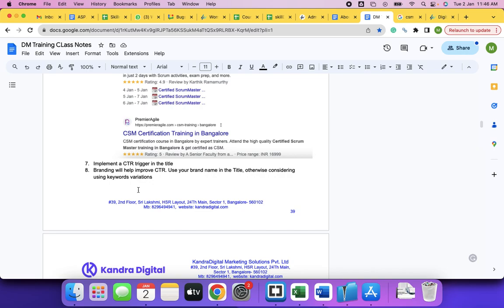If you are seeing any new website on Google, will you click on it? No, right? Why? Because these are very popular, very well-known brands. You have heard of them more number of times as compared to any new player in the industry. So branding activities will help improve the CTR.